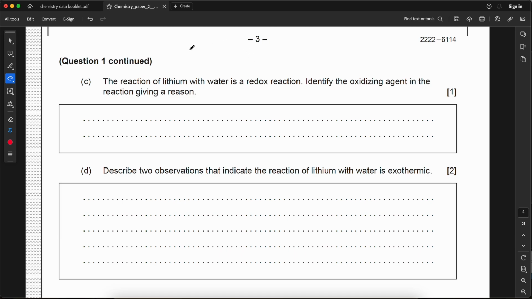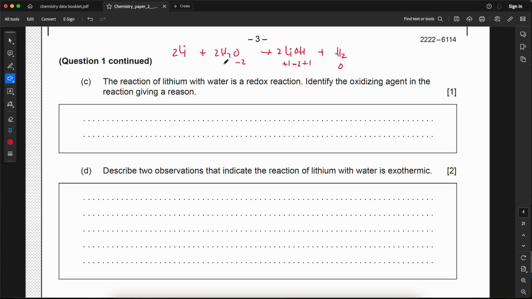Let's find out which compound or molecule experiences reduction. So the reaction is 2Li plus 2H2O produces 2LiOH plus H2. Li is in standard state, 0, H is +1, Li comes from group 1, so +1, O is always -2.